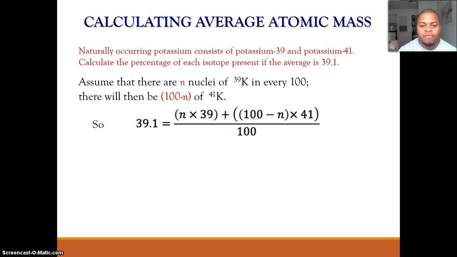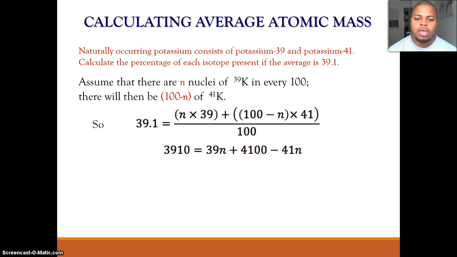So for the second part, I have 100 minus N times the 41, which is my mass number. Dividing that all by 100 will give me my N value, and then from there I can determine my actual relative abundance.